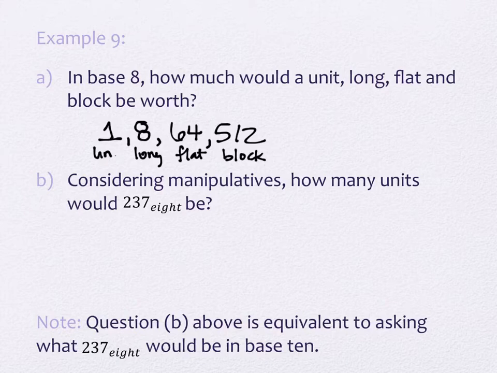Absolutely. So if we actually considered this number 237, and I won't say 237 because when I say 200, it means I have 2 hundreds, but I don't. I have 2 flats, and a flat's worth 64. So I can't really say 200, so I'm just going to say 237. Okay? So I have a 2 flat, and a flat's worth 64.